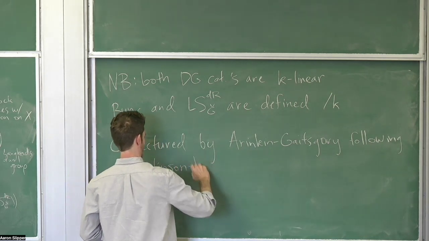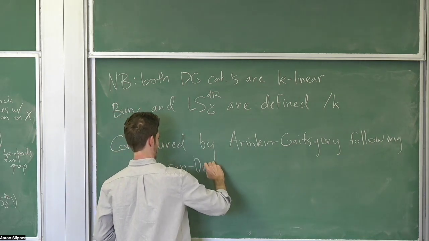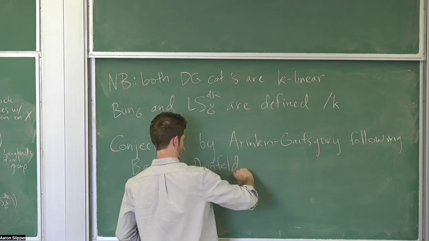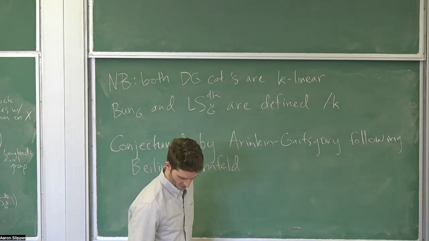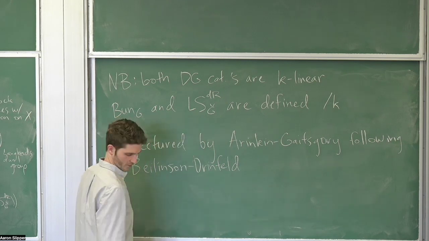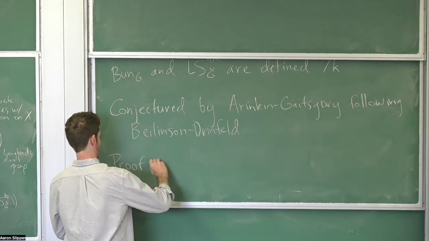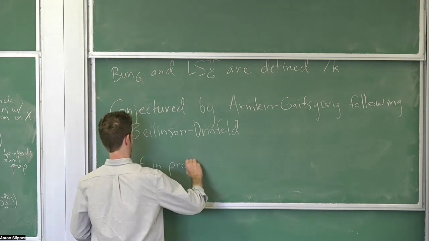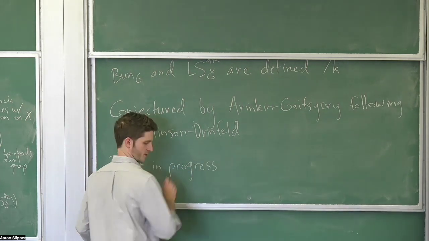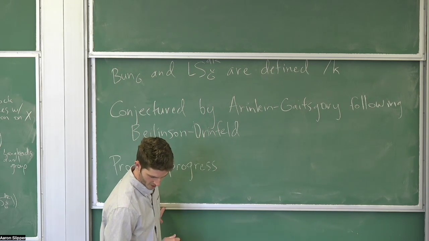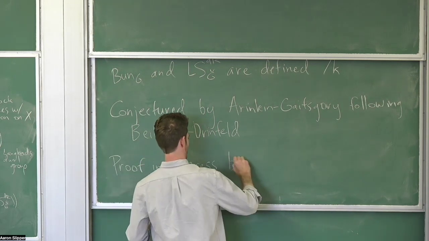They didn't give a precise formulation, but most of this is based on their ideas. And there's a proof in progress. It's partly appeared, I think, but it's been announced.